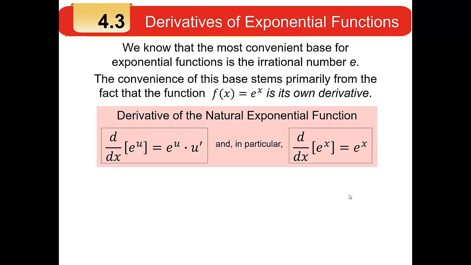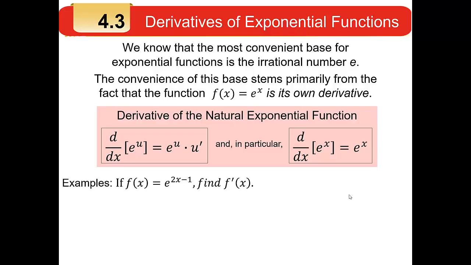That's basically the chain rule or the general power rule applied where u is some function of x. In particular, if u is equal to x, we'll get what I mentioned earlier. The derivative of e to the x is just e to the x. So it's a function whose derivative is the function itself. It's a pretty nice property.